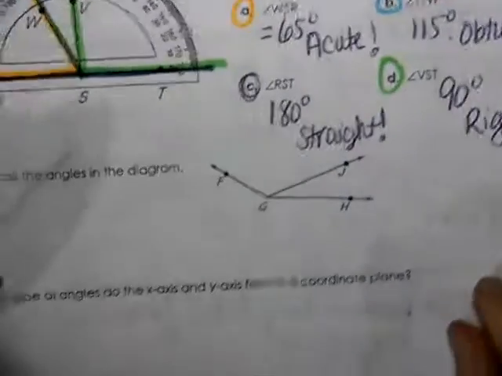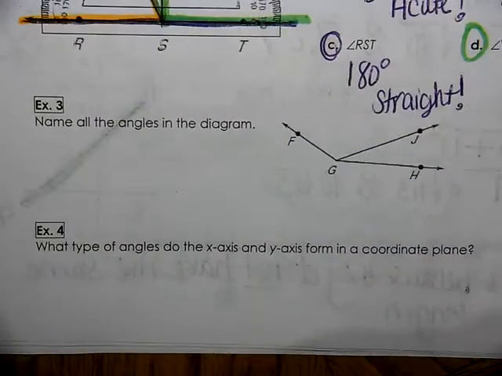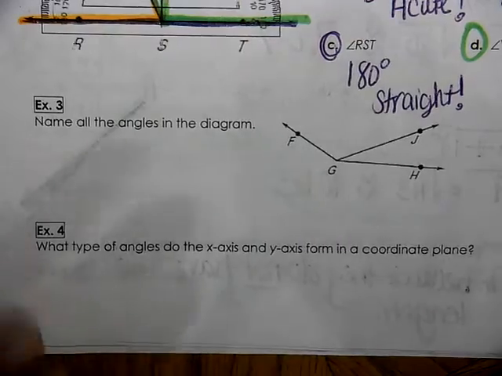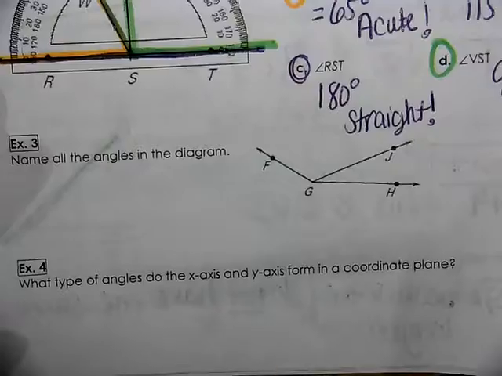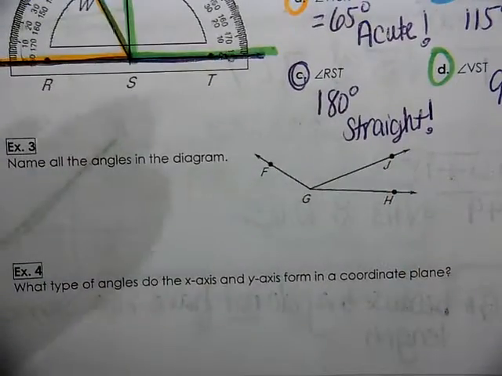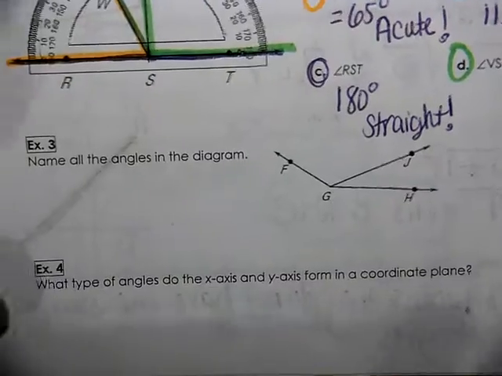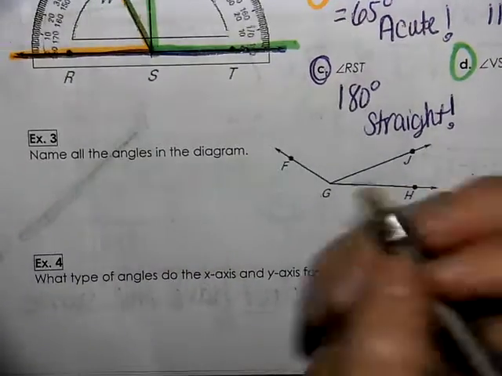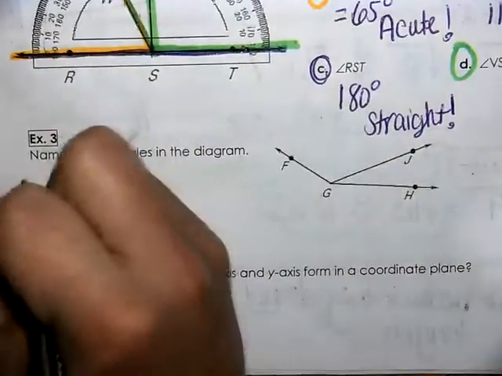All right, example number 3 says, look at the diagram and name all of the angles. So this is very similar to what we did up here in example number 1. I am not looking for many names. I am just looking for a given name for all of the angles in this diagram. And in this diagram, there exist 3 angles.